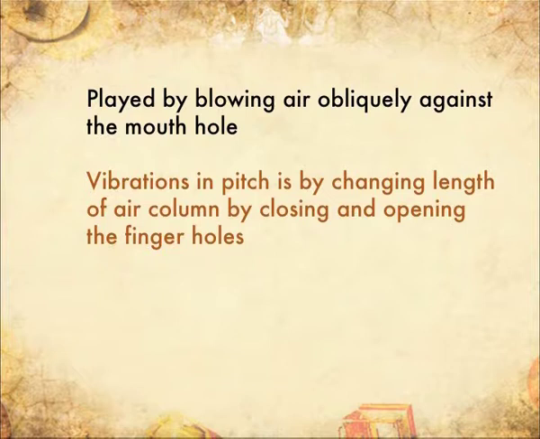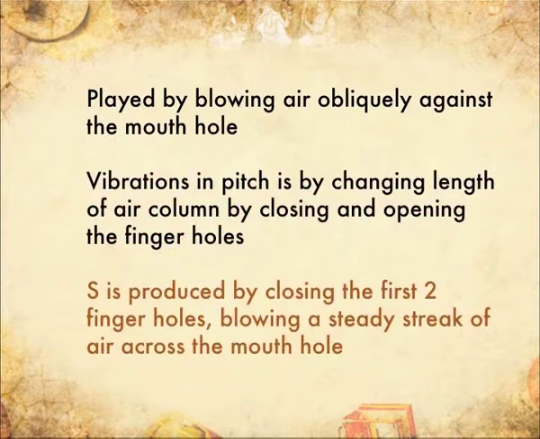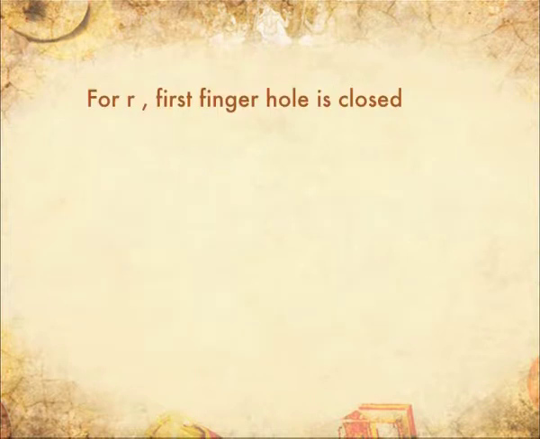The following is the mode of fingering adopted for playing the various notes. Sa is produced by closing the first 2 finger holes and blowing a steady streak of air across the mouth hole. For Re, only the first finger hole is closed.